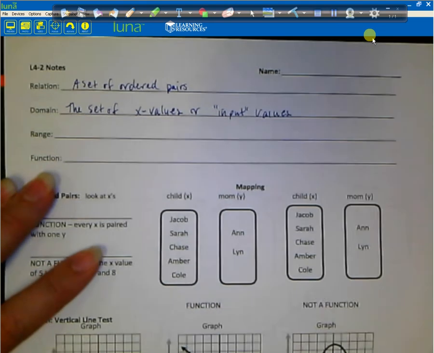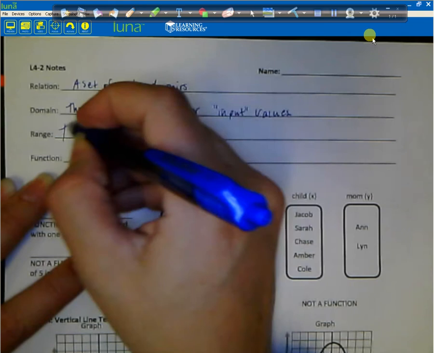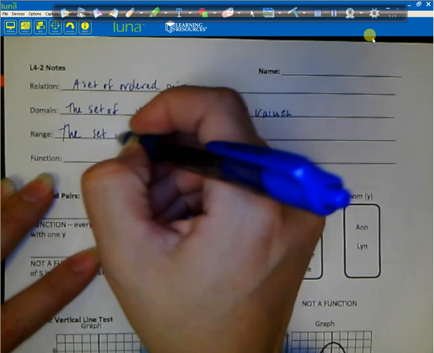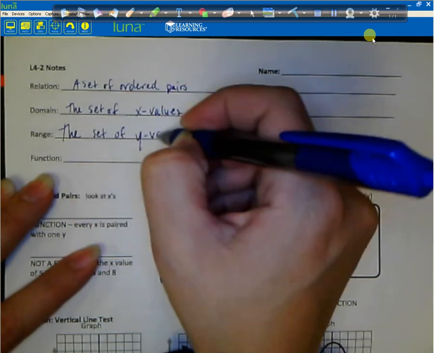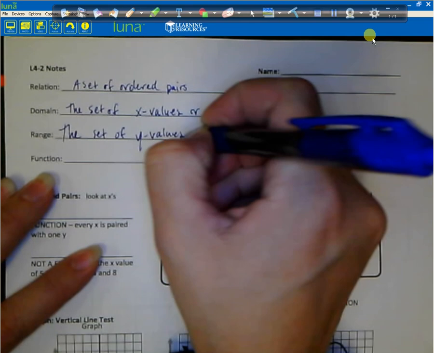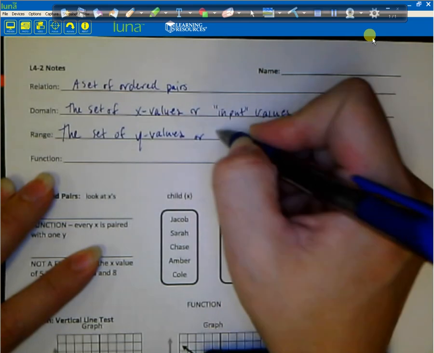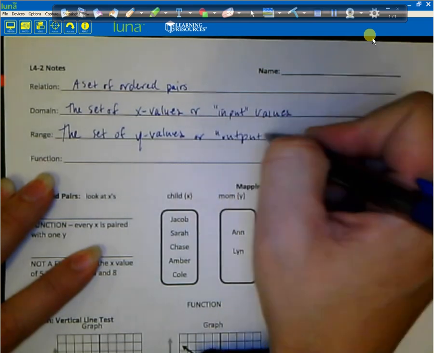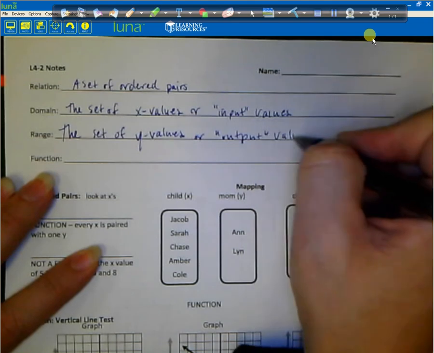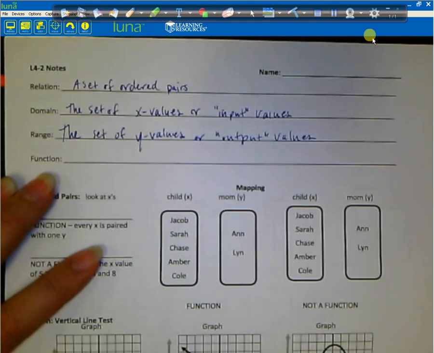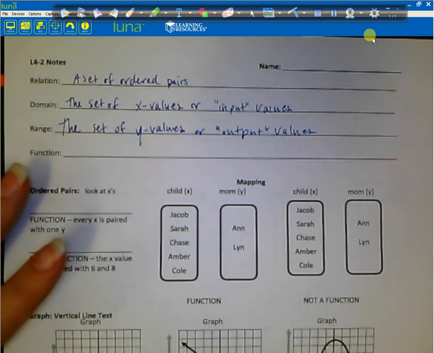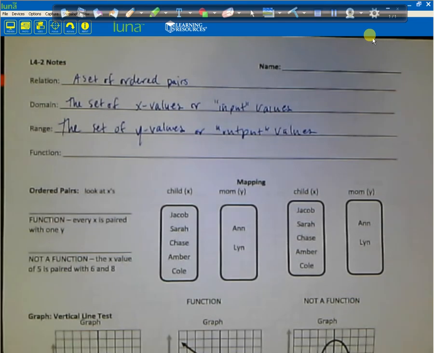The range, conversely, is the set of y values or output values. So you're writing all of this down on your handout. Again, the range is the set of y values or output values.